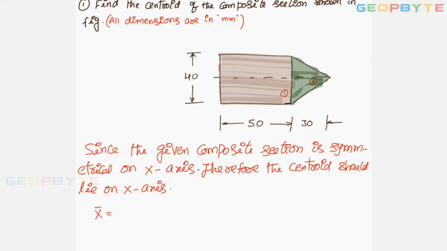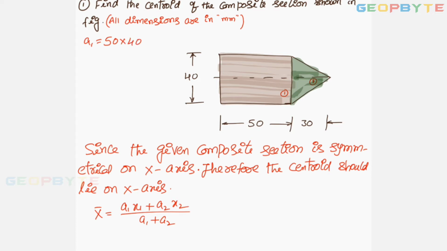It consists of only two sections. I can write a1 x1 plus a2 x2 divided by a1 plus a2. Now first let us find a1. a1 equal to, section 1 is a rectangle, breadth multiplied by depth. 50 multiplied by 40 is the area for section 1.